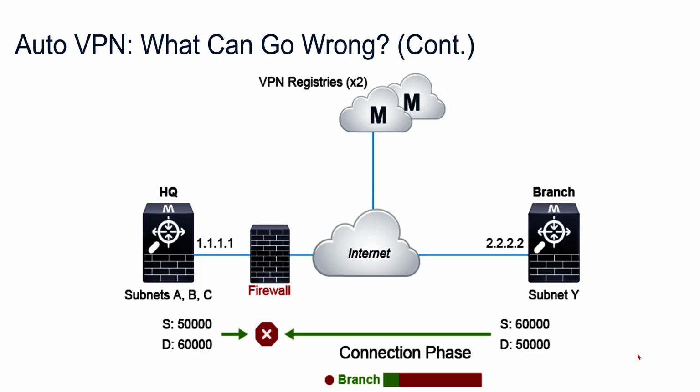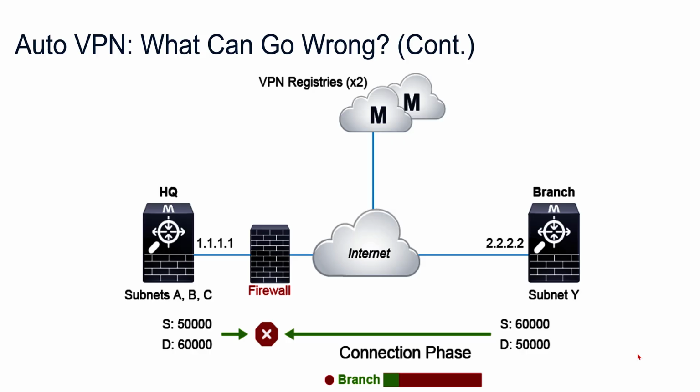This is where it gets a little tricky, because you're looking at it and you're saying, I allowed the traffic, right? You have to allow outbound UDP, but also the return traffic. And most modern firewalls do that from a stateful nature. But you also have to allow that ephemeral port range.